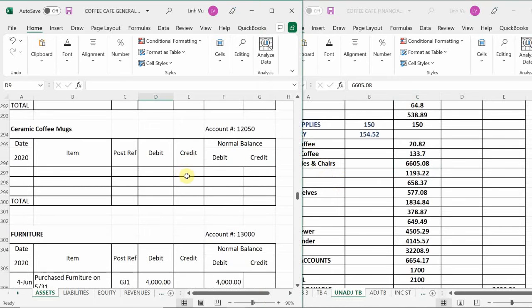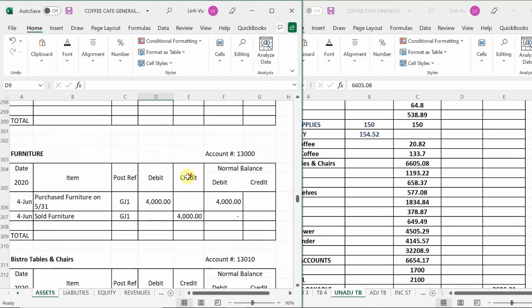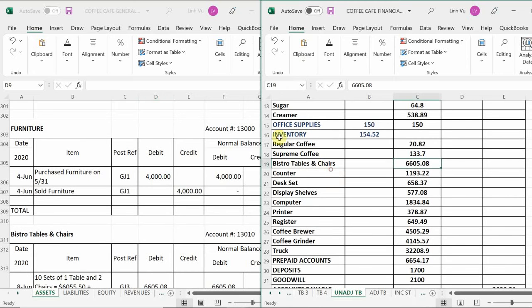Next, I have my furniture. We didn't do ceramic coffee mugs yet because it's periodic inventory. So we don't have it as inventory yet.